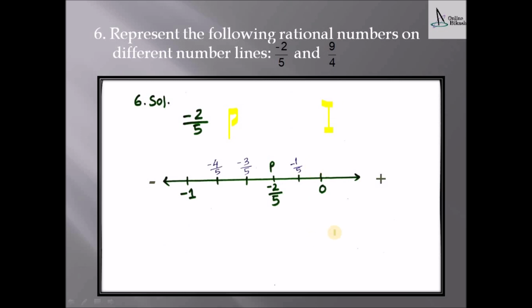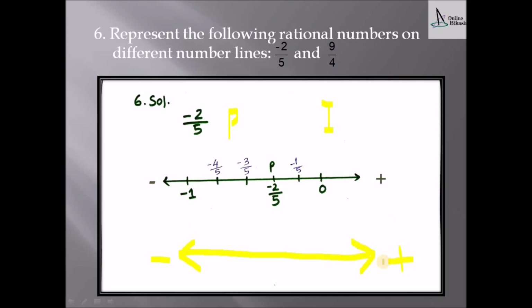And on the number line, you see, it is the number line, and these two arrow marks must be given. This side is the negative end and this side is the positive end.